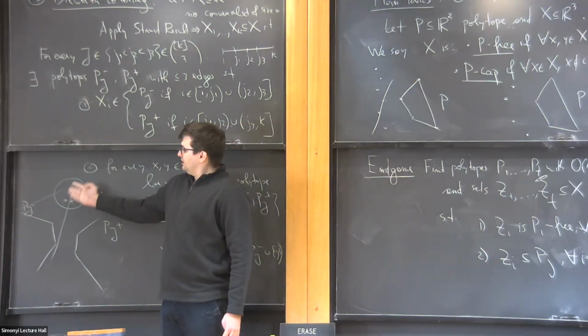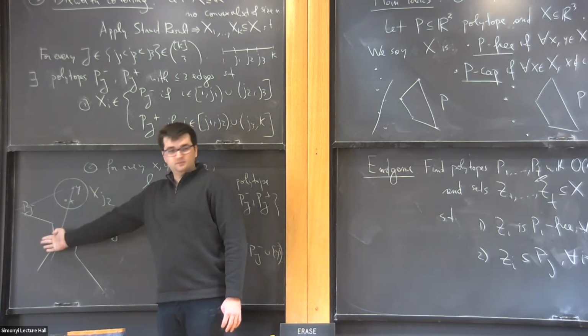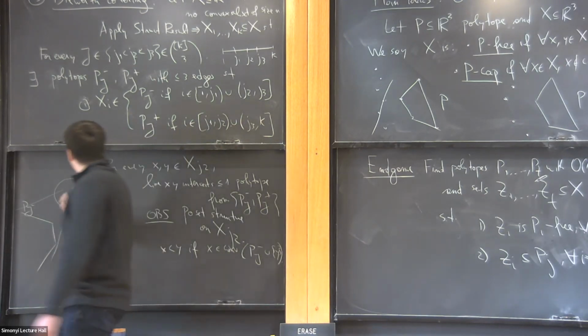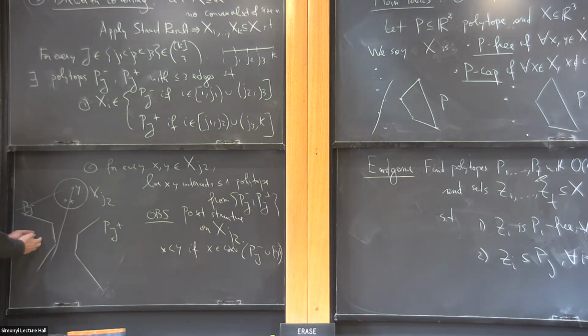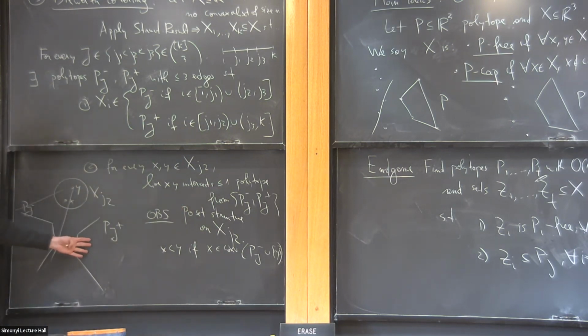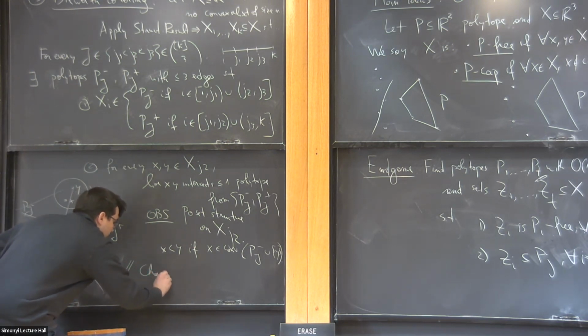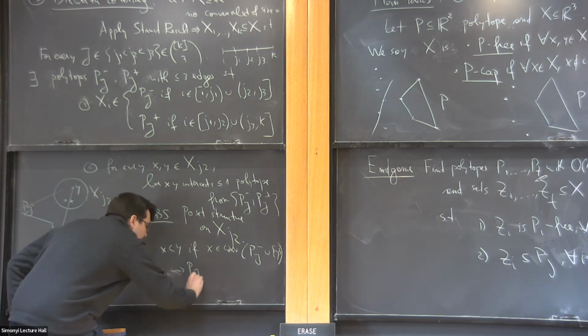If you take the line passing through every 2 points in the chain and it hits all the time, then it never hits PJ because of this condition. So a chain corresponds to a PJ plus free set.